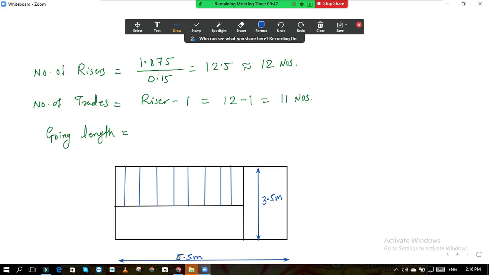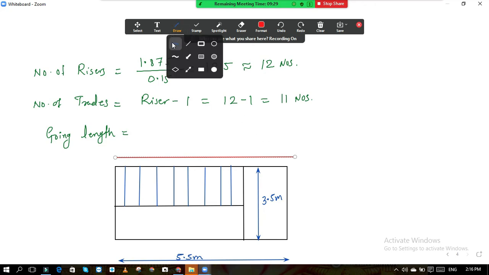Now it is supported from 3 sides, but for the 4th side nothing is told to us. So we will assume that a wall is constructed to provide support to the staircase. So we will draw the wall, which will act as a support for this staircase.